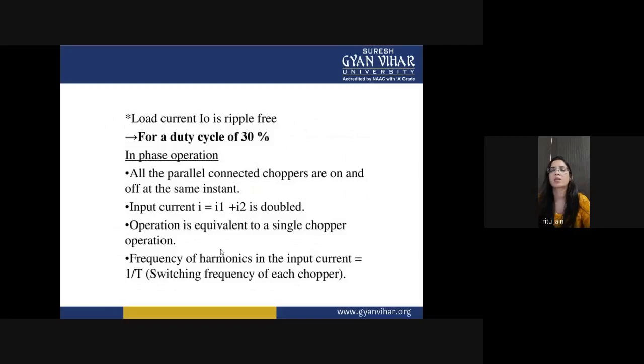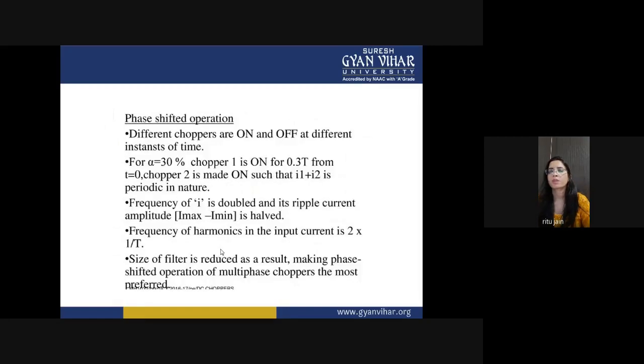Input current I is equal to I1 plus I2, which is doubled, and the operation is equivalent to a single chopper operation, and the frequency of harmonics in the input current is equal to 1 by T, the switching frequency of each chopper. And next one is your phase-shifted operation.